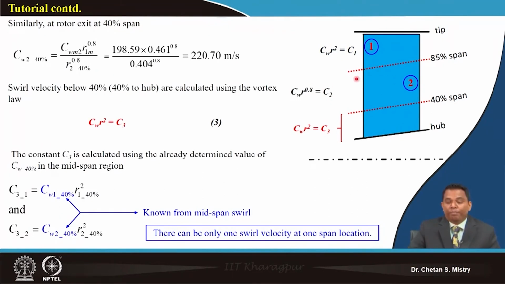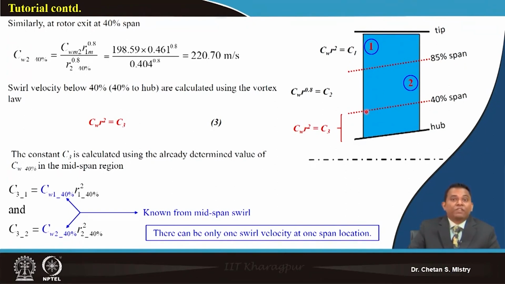Now below 40% span, we are looking for CW into R square equal to constant. Our requirement is to calculate the CW, which we call C3. The constant needs to be calculated. Here we must realize that at a particular span, suppose 40% span, we have opted for CW into R to the power 0.8 equal to constant.